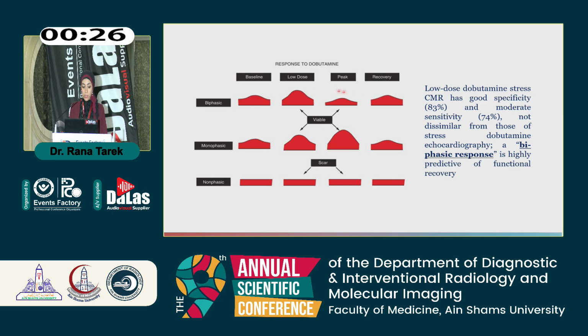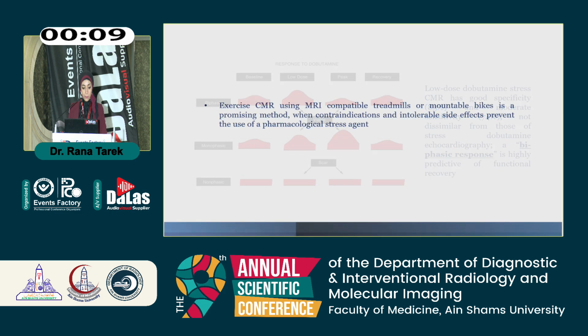This is a biphasic response, and this is a viable myocardium that will benefit from revascularization. This is the monophasic response. It is hypo to akinetic at low dose and at peak, indicating a scar, where everywhere it is hypo to akinetic.